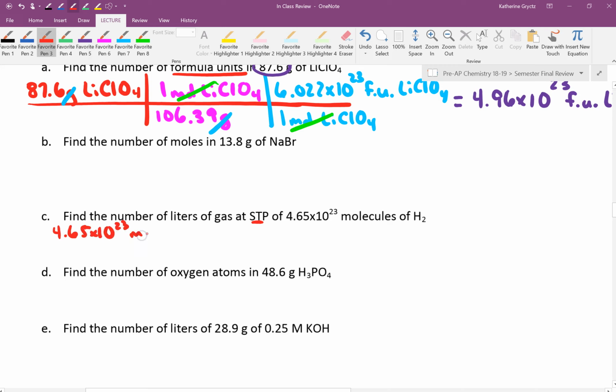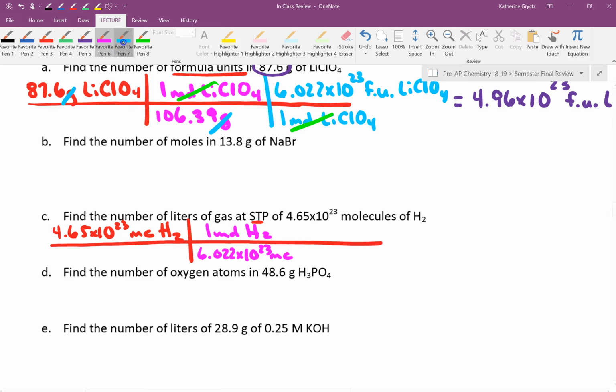So we're going to start with molecules, and forgive me, I'm going to shortcut molecules as MC just so I have enough space. So first thing is to go to moles, so we're going to do Avogadro's number is 1 mole of hydrogen. Okay, so that's going to cancel out my molecules.